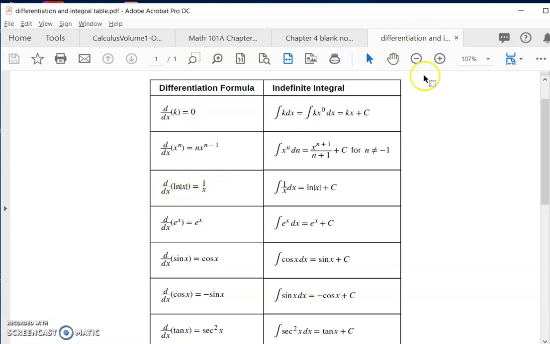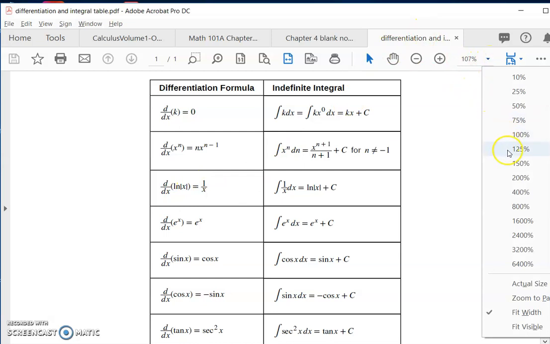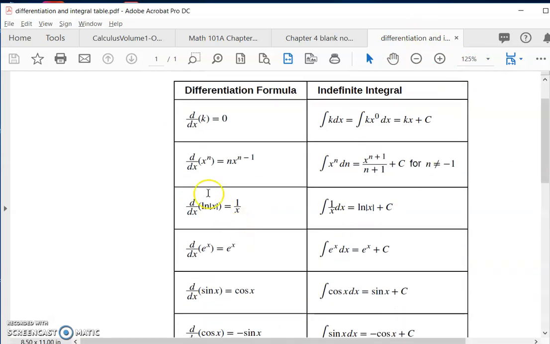Now notice this formula that we have here is not the ln x that we used to have. What happened is 1 over x is a function that has the domain of x not equal to 0. So it includes both positive and negative x. But if you just do ln x, that would only include the positive side of x.